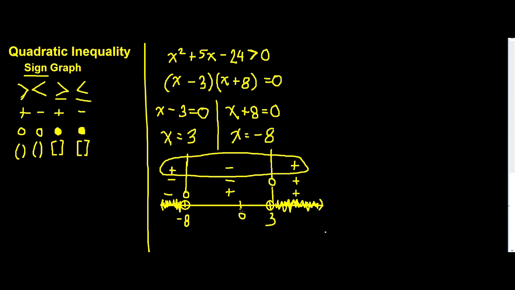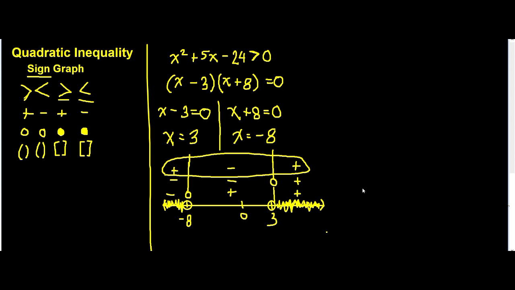Ngayon, ano ang ibig sabihin ng shaded part na yan? Yan yung mga solutions that will make your inequality true. Ang ibig sabihin nun, kapag nag-substitute ka ng any value na na-shadean dito, it will make your inequality true.